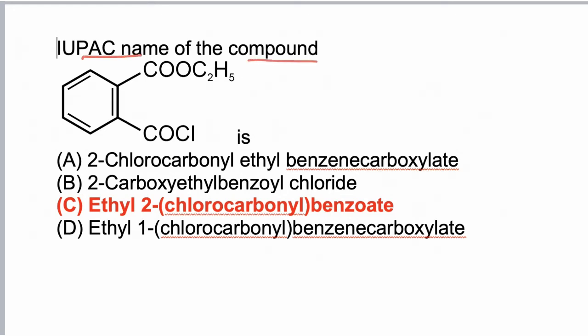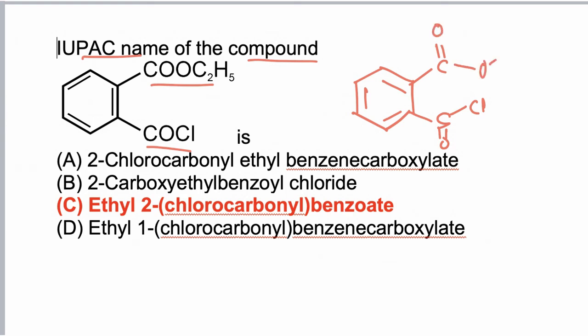IUPAC name of the compound. First we have to identify the principal functional group present in the molecule. The molecule has both ester and acid chloride, but according to the priority table, ester has higher priority over acid chloride. Hence ester is the principal functional group. During naming of an ester, the group attached with oxygen is always written first, so ethyl is written first.